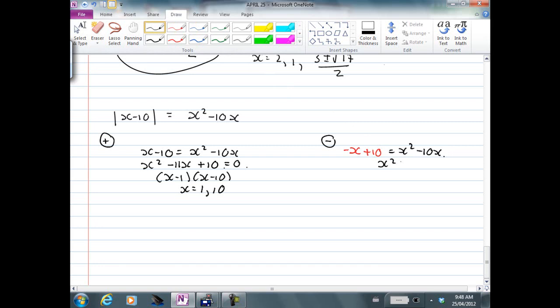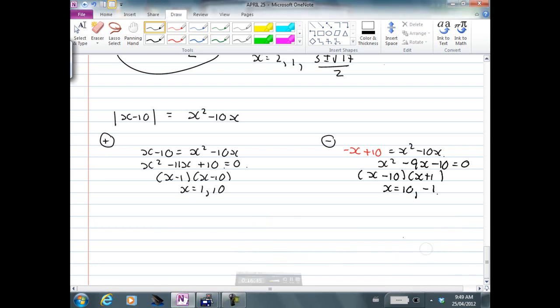X squared minus 9x minus 10. Okay, I do the exact same thing. I'm going to factor. All this is equal to 0. X minus 10, x plus 1. X equals to 10 and negative 1.